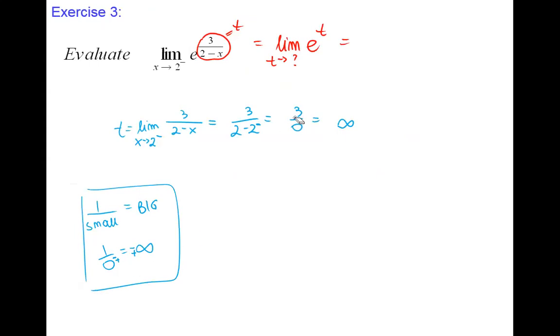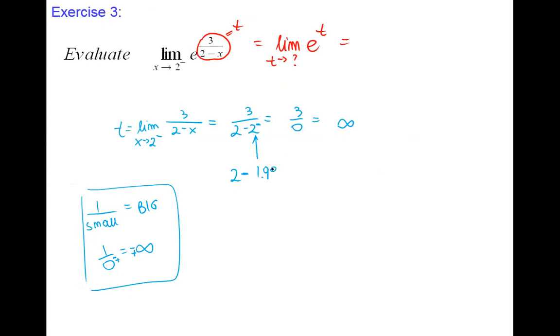Okay, that means 2, we have to check if this is from the left, if it's negative values or positive values. 2 from the left, can you give me the value for 2 from the left hand side? 1.9. Yes, why I'm thinking, because I'm thinking about negative 2, I don't know why.